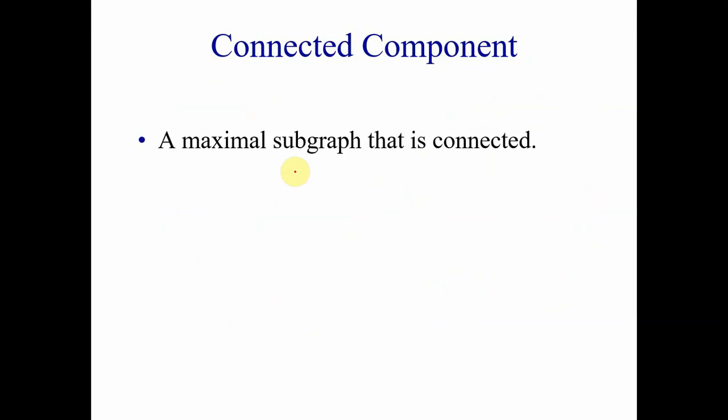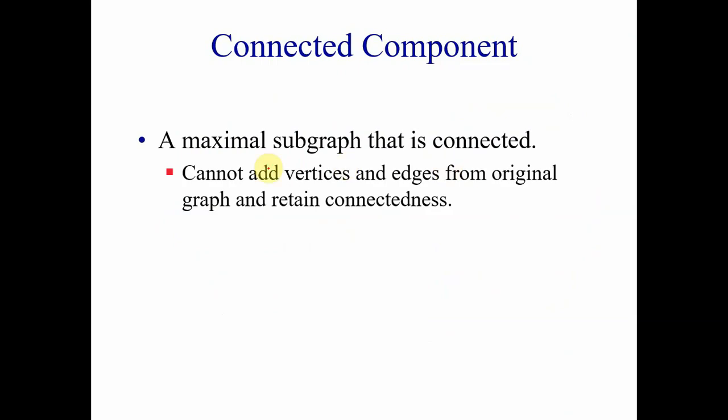If we try to write it, a component is a maximal subgraph that is connected, and you cannot add a vertex or edge from the original graph and retain connectedness.